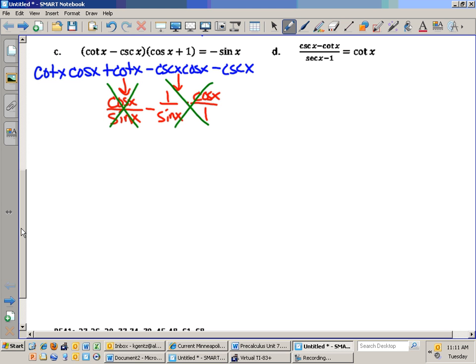So cotangent of x times cosine of x. I'm going to rewrite that as follows: cosine of x over sine of x times cosine of x over 1, minus what? 1 over sine of x.